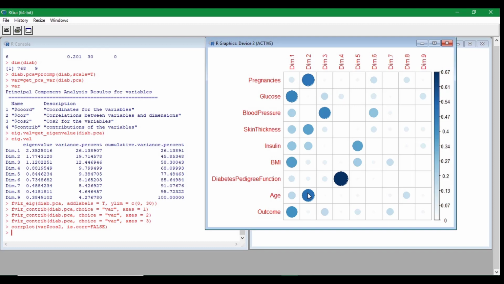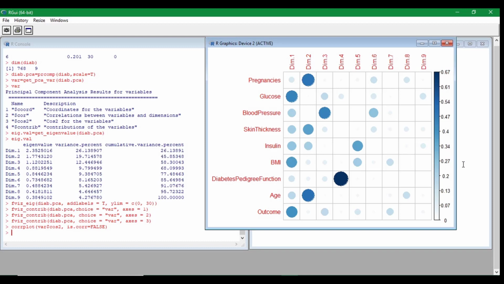So basically what this is saying is that dimension 2 is a good representation of pregnancies, skin thickness, and age. Dimension 3 is a good representation of blood pressure, and dimension 4 is a good representation of the diabetes pedigree function.